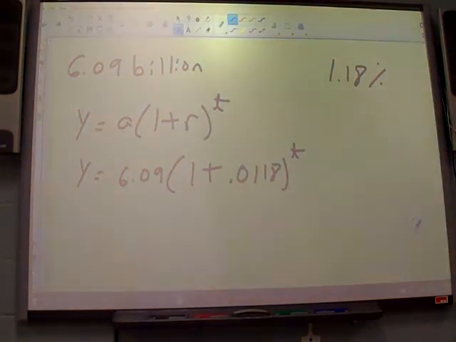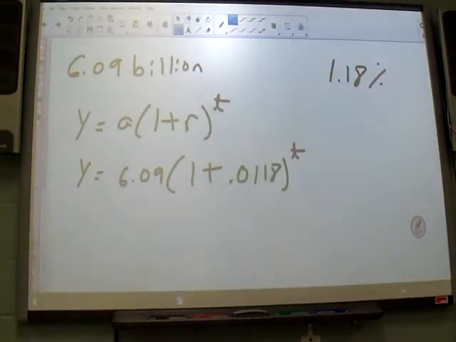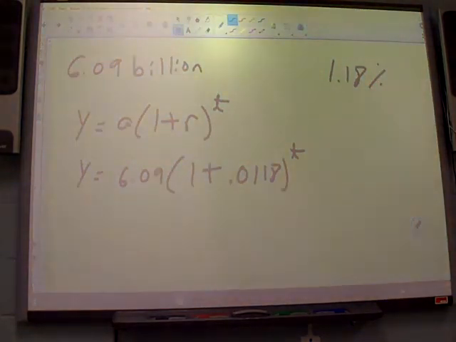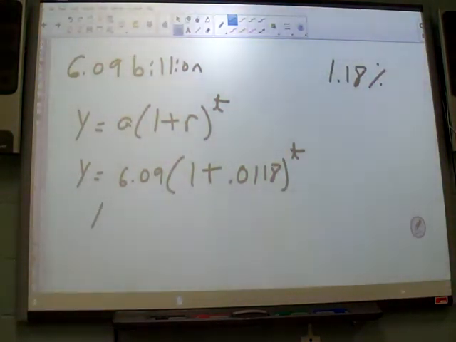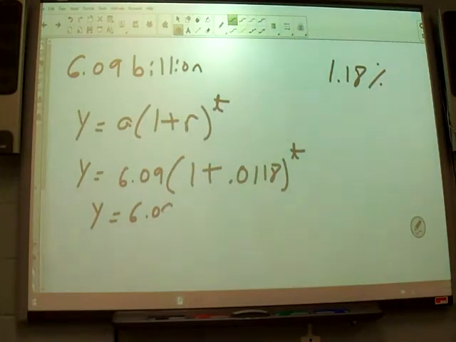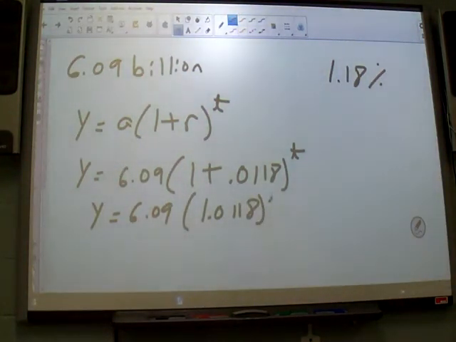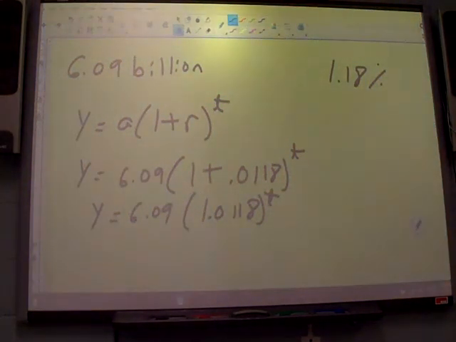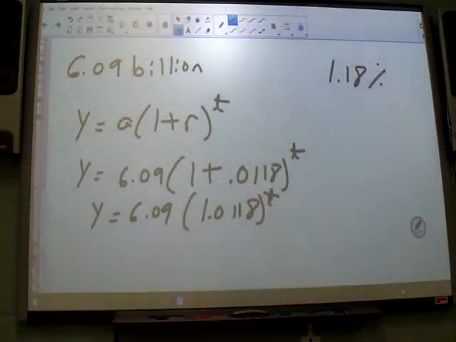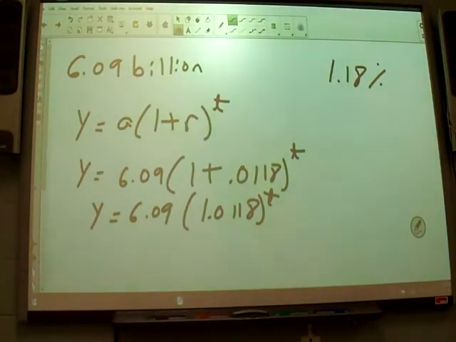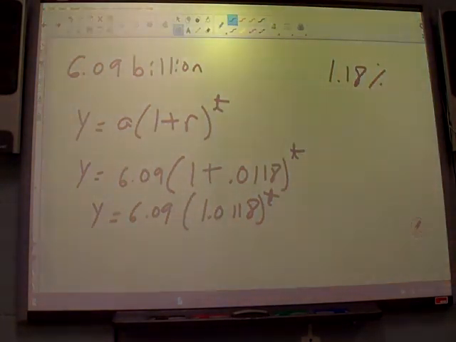Now, that's an okay equation, but there's one piece of that that you can now simplify. You can just go ahead and add the 1. So we would write that as the final equation, and so you've written an equation for the world's population growth from the years 2000 to 2013.